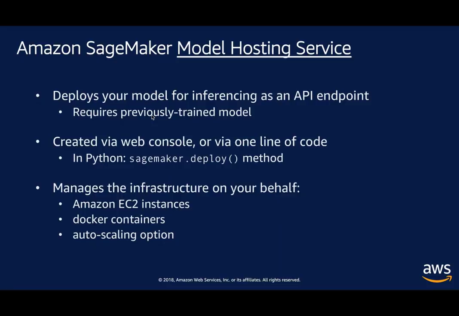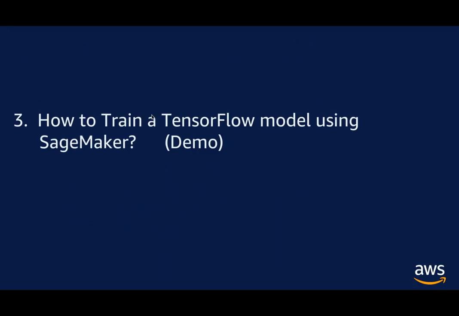Again, the management of infrastructure is also taken care of by the SageMaker service for model hosting as well. We provide auto scaling integrated within SageMaker, so you can define that your endpoint can scale based on the load that you have. And so now it's time to get into the demo.